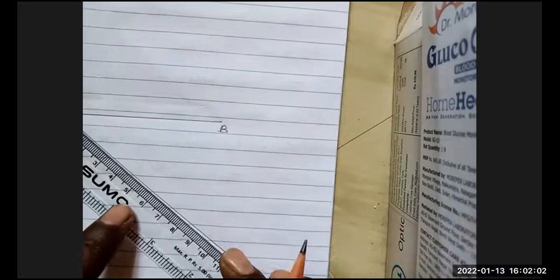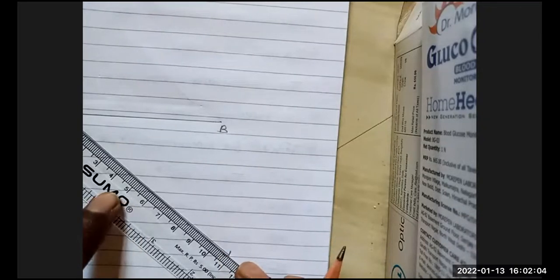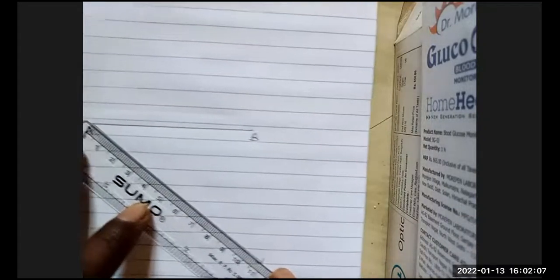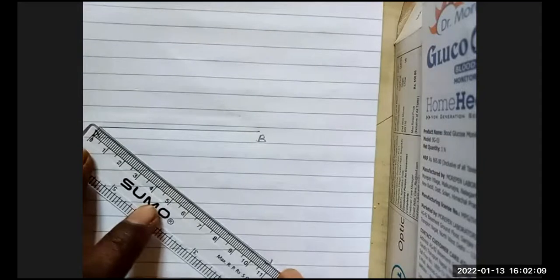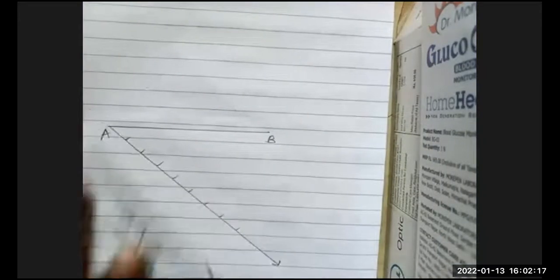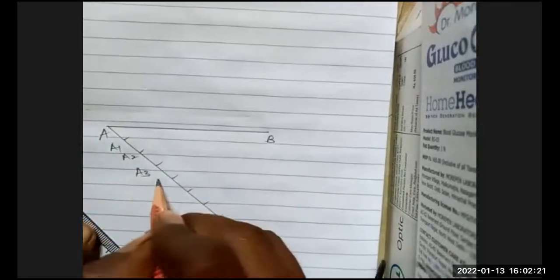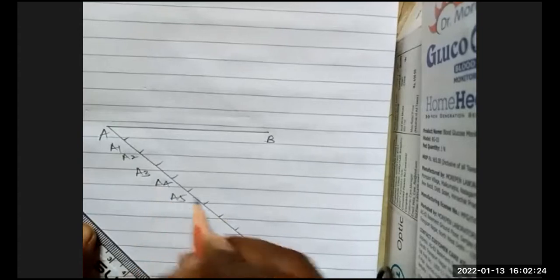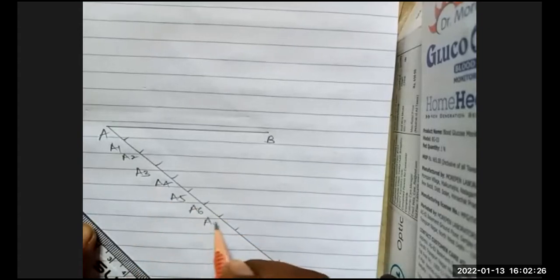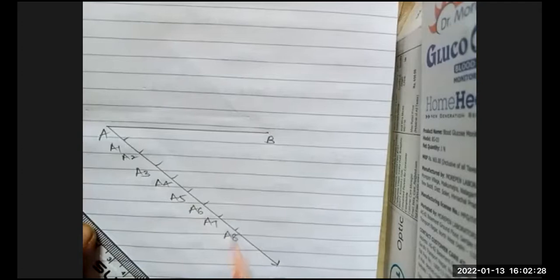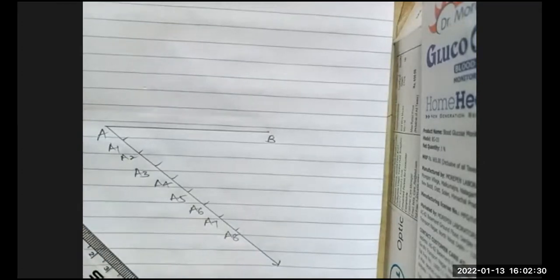That means 8 centimeters out of 5:8 ratio. Make 8 equal divisions. 1, 2, 3, 4, 5, 6, 7, 8. So I have made 8. A1, A2, A3, A4, A5, A6, A7, A8. So I have made 8 equal parts.